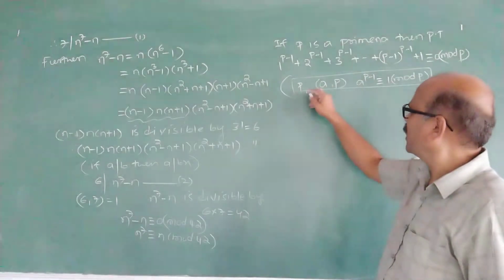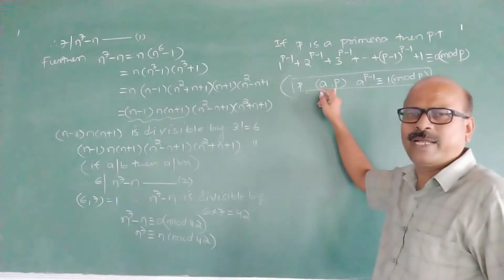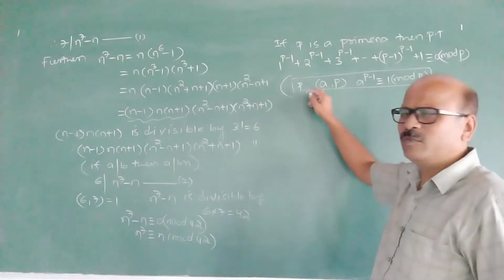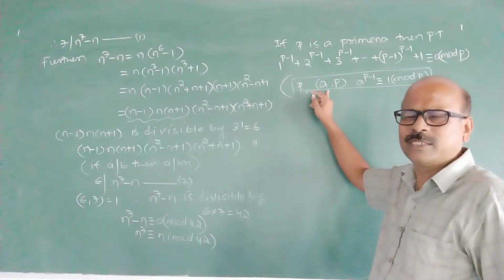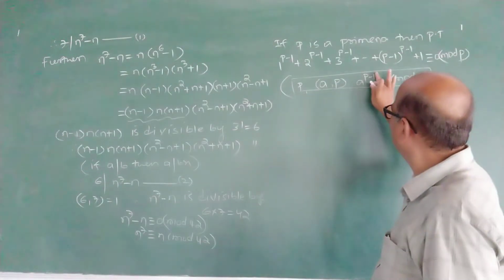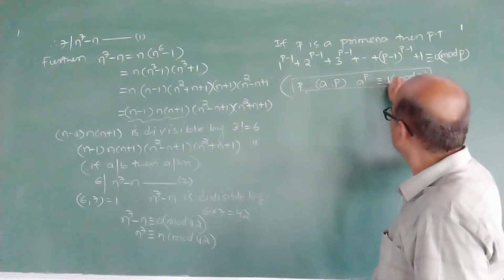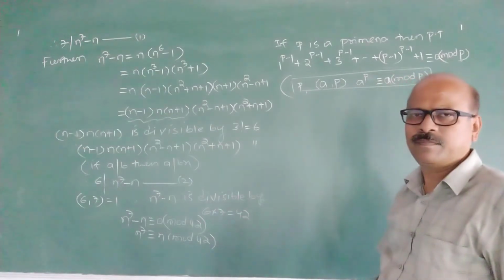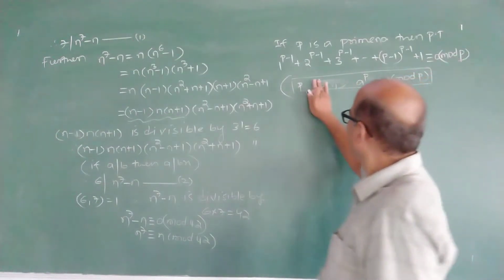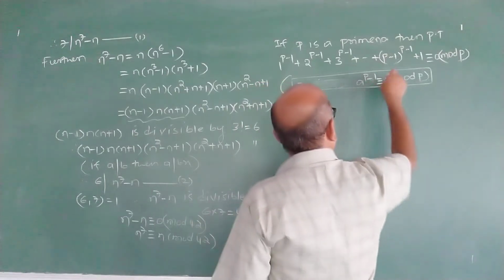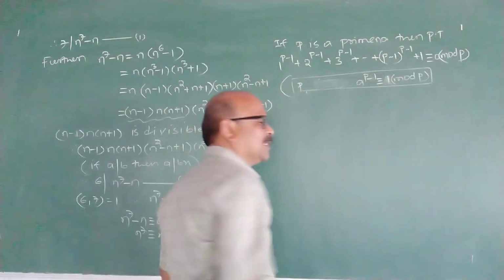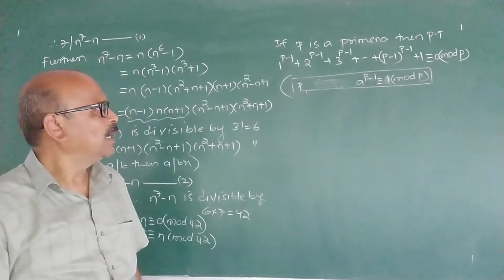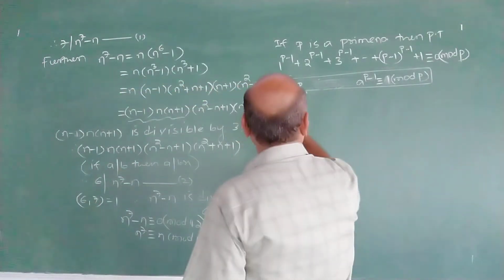Suppose A and P are not relatively prime, that we have no idea about the relation between A and P. Suppose it is not given. A is any integer. Then what happens? A raised to P is congruent to A mod P. If A and P are relatively prime, it is 1 mod P. This is Fermat's theorem. Now, how do we use Fermat's theorem here?